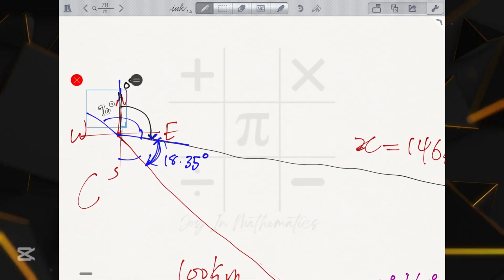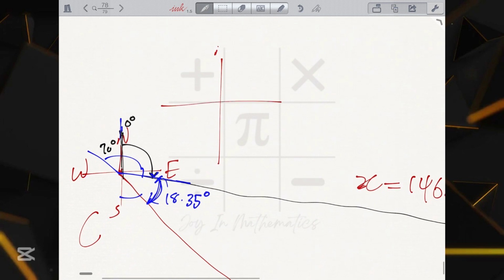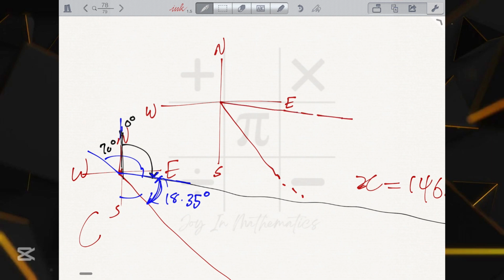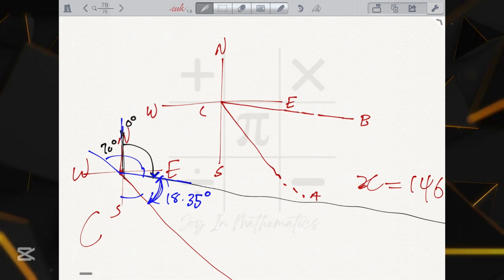So if you redraw this concept at point C again, let's draw it out for more visibility. We will have north, south, east, west. So we have this length coming from point A, and we have this line going to point B. This is point C. The angle from here that we evaluated is 18.35 degrees, and we are looking for the angle here.